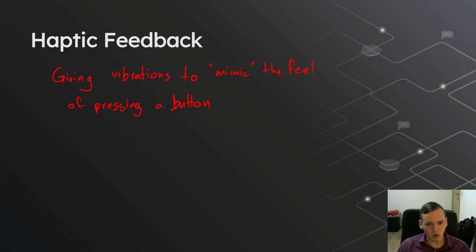So that's the goal, that you could eventually have something that feels like you physically pressed a button, or you've got that nice click sensation to let you know that yes, the phone or the laptop or the tablet did register that.